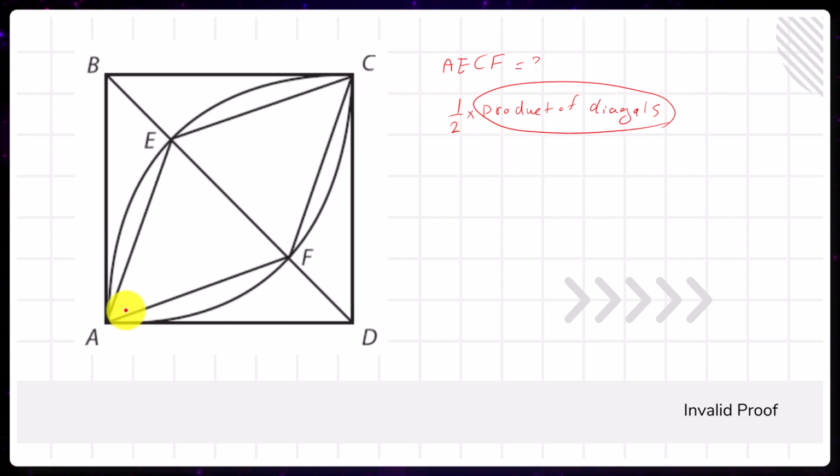One of the diagonals is AC. Oops, what a line, right? So what we want is AC, and also what we need is to find EF. Finding AC is actually pretty easy because it's the diagonal of this square, and we have the side of the square, and we can easily calculate it in any way that we know.